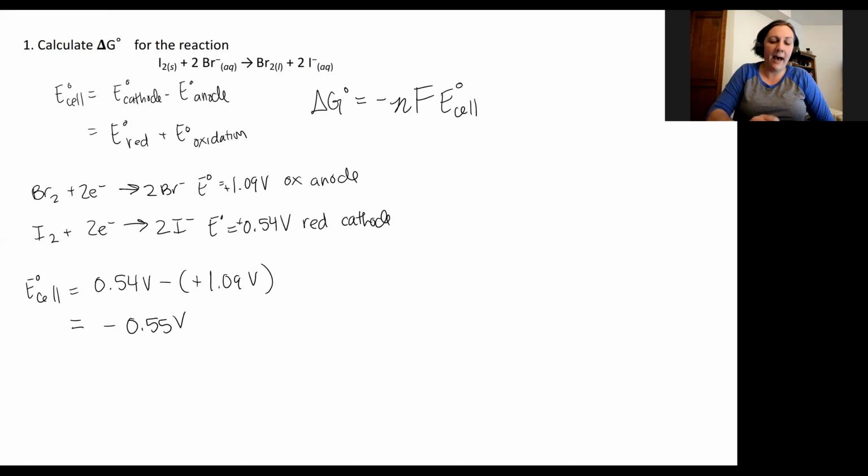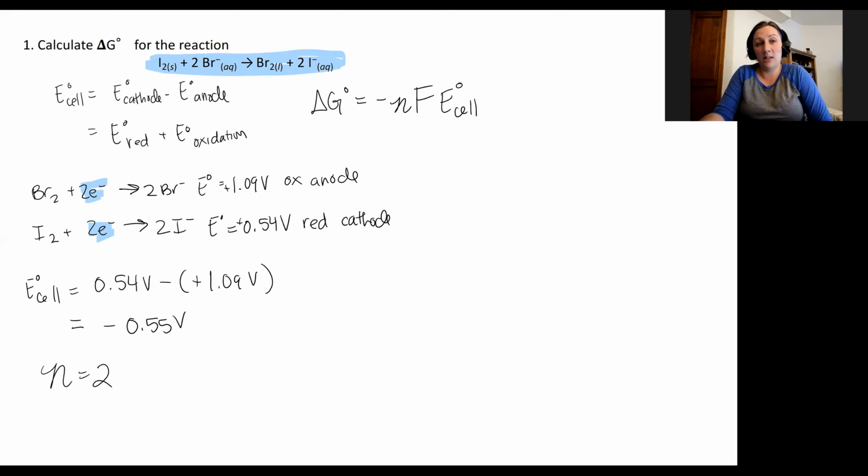In both of these cases, 2 electrons are being transferred, for our balanced reactions matching these half reactions from our table. Each bromide ion loses 1 electron, so that's 2 electrons total for our balanced reaction. So our n value equals 2.